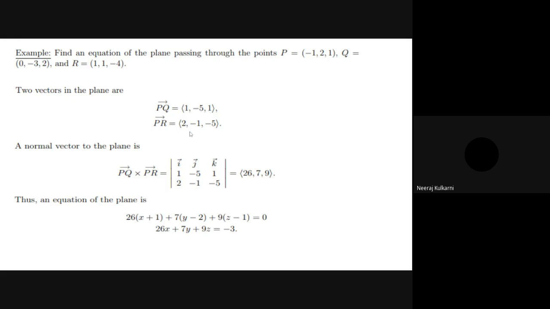The normal vector can be found using the cross product of PQ and PR, and then we'll have one point and one normal vector, and we can write the equation of the plane using that. So basically, we first find the cross product and put the cross product vector in the equation of the plane.